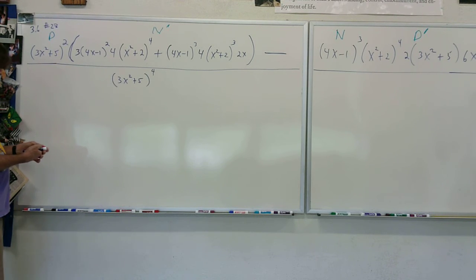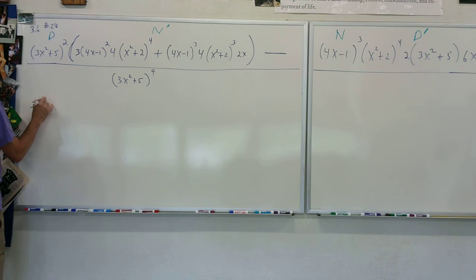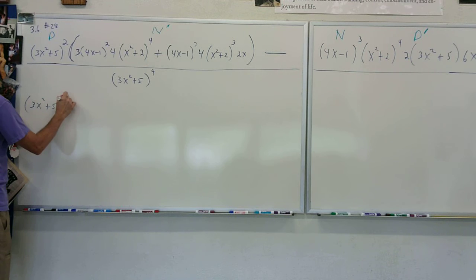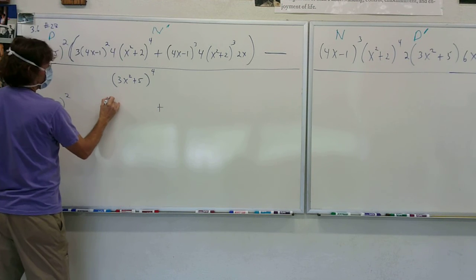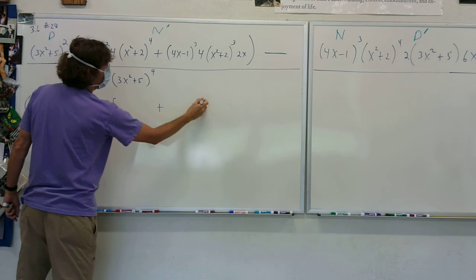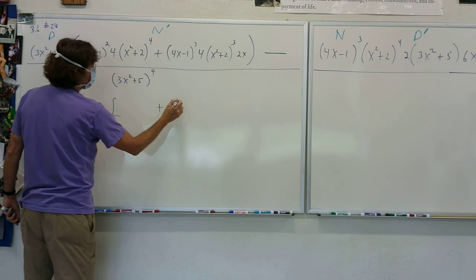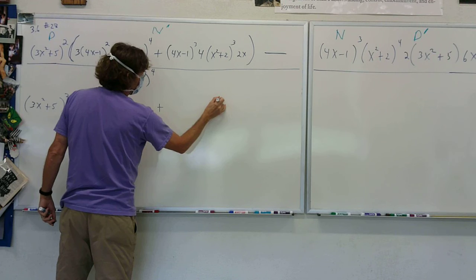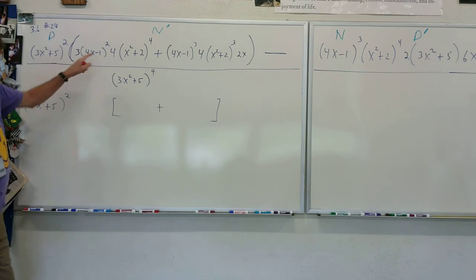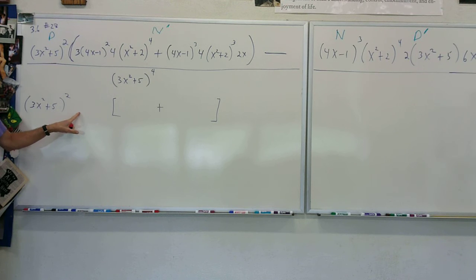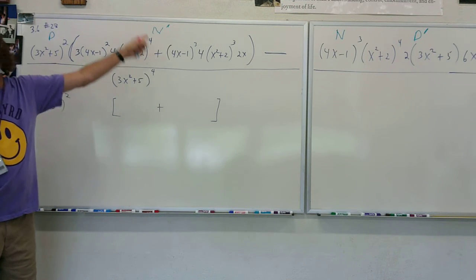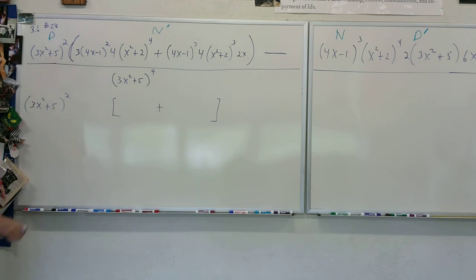So, what we're going to do is write our 3x squared plus 5 squared in front. We're going to line up our plus sign. We're going to put a bracket because we're hoping not much is left. I've got to put my plus sign. And I'm going to factor bits and pieces of this out here. And I'm still trying to line up my plus sign to make it easy on me. Ooh, 4x minus 1.